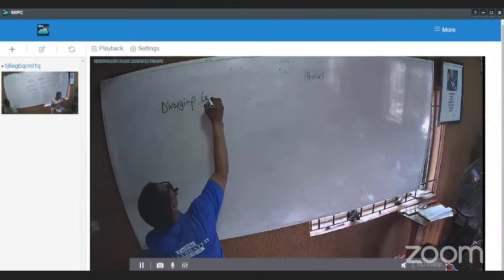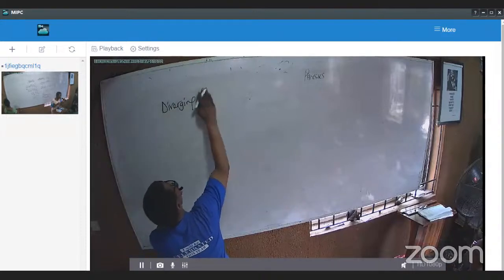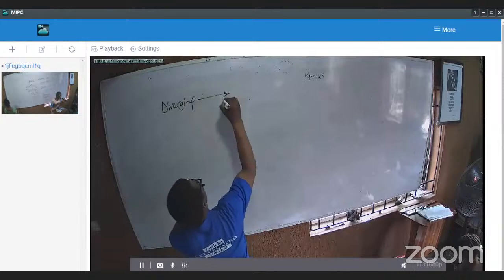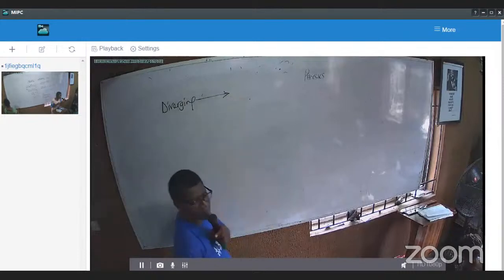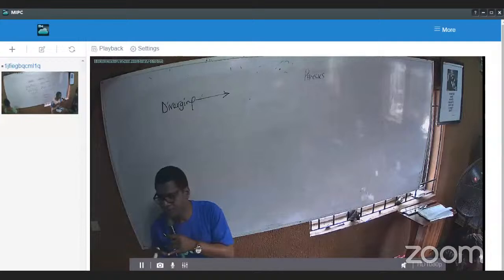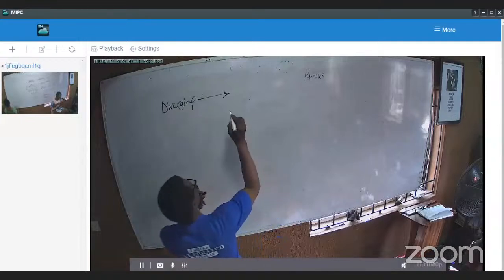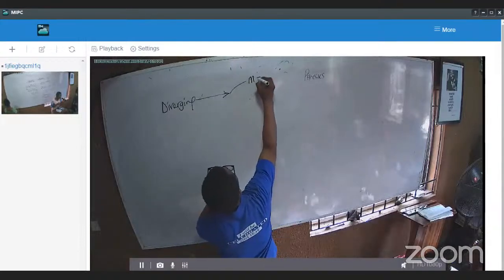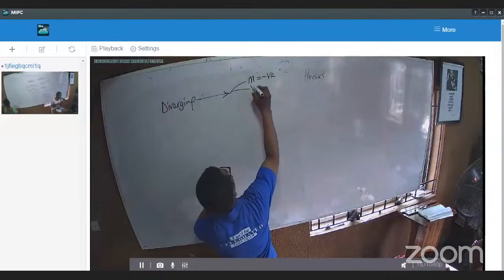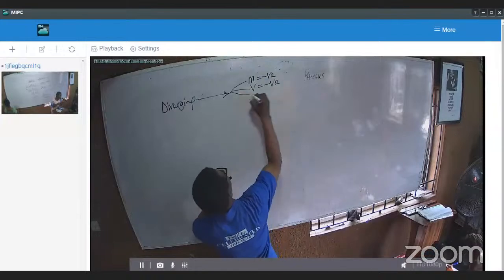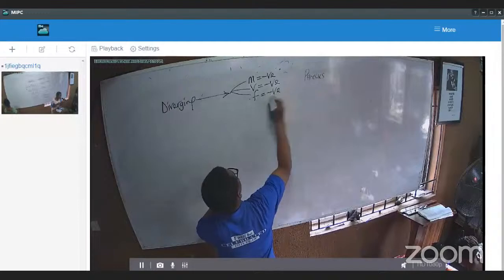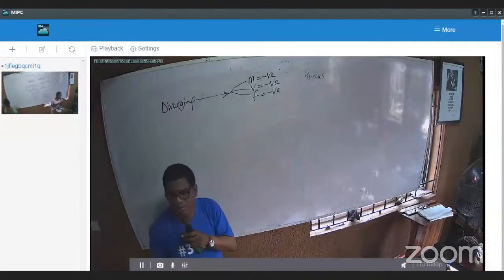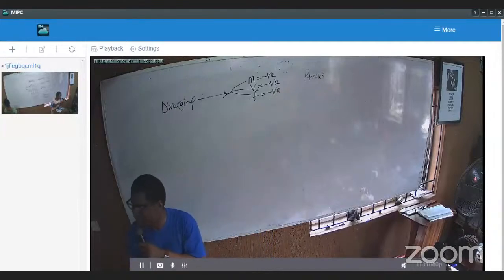Once you see anything diverging, whether it's lens or mirror, number one, M is negative, V is negative, F is negative. That's it. Anything diverging: M is negative, V is negative, F is negative.